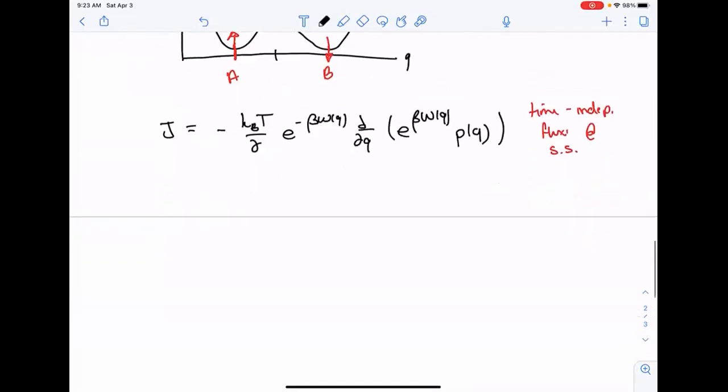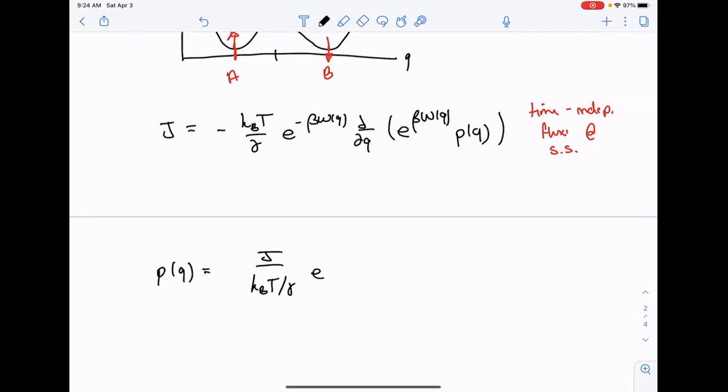So to do that, let's instead try to solve first for the probability distribution that results in that steady state. So that's rewriting the above equation, solving for P of Q. So I can bring the J and kBT, or the kBT and gamma, over to the left-hand side.